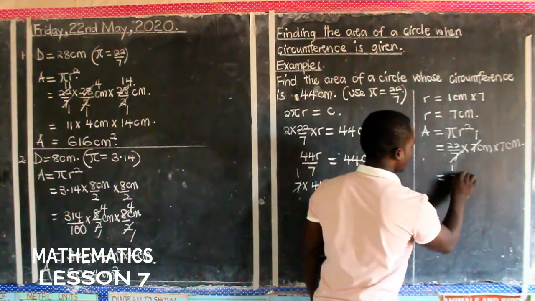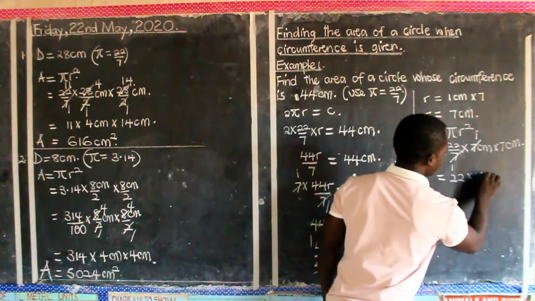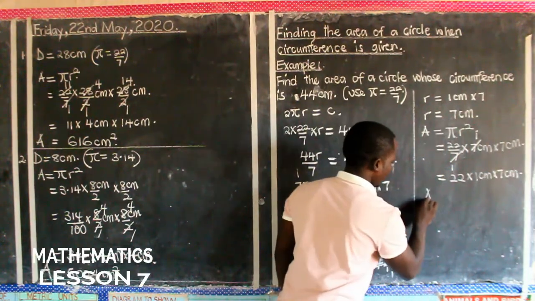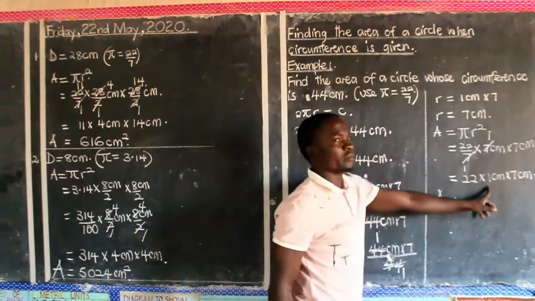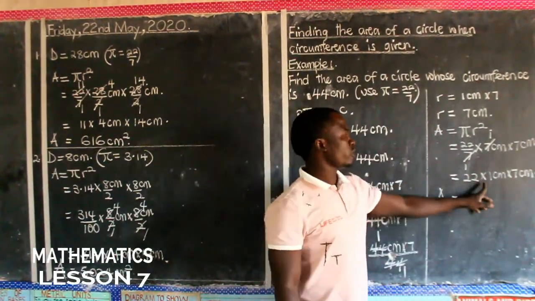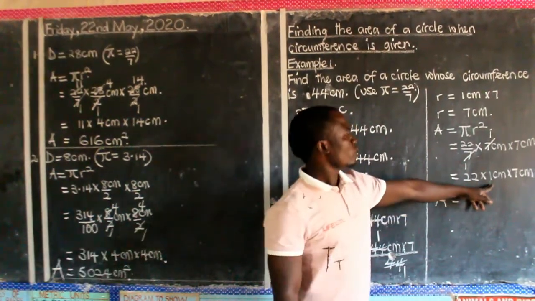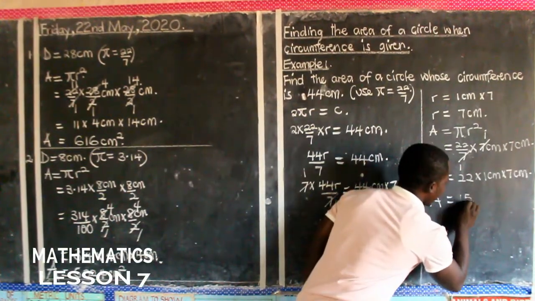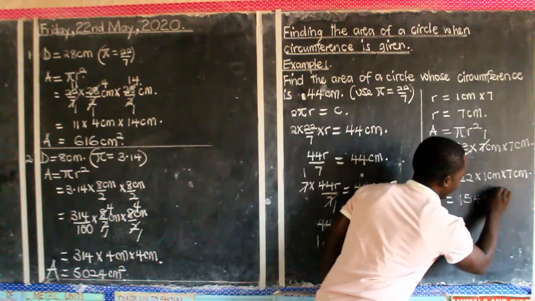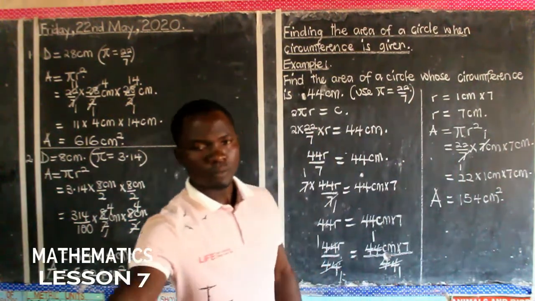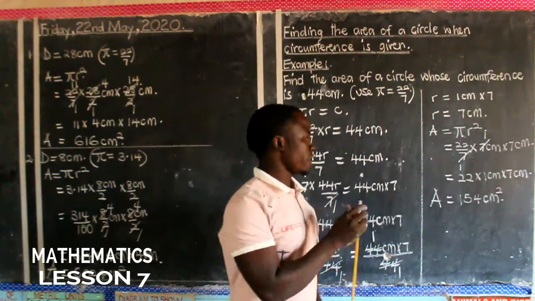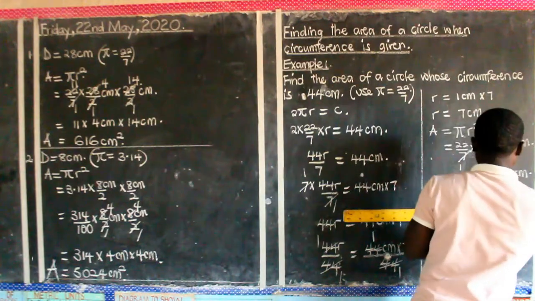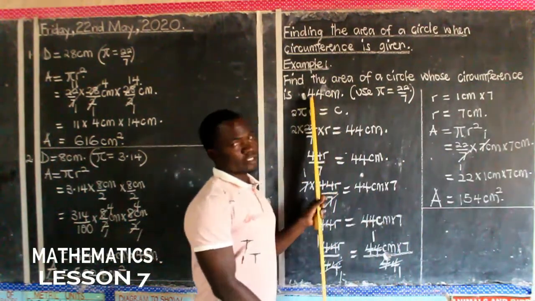So this is now 22 times 1 centimeter times 7 centimeters. When you multiply all this, 22 times 1 centimeter, we get 22 centimeters. 22 centimeters times 7, we get 154 square centimeters. Okay? So this is our area of the circle when a circumference of 44 centimeters is given.